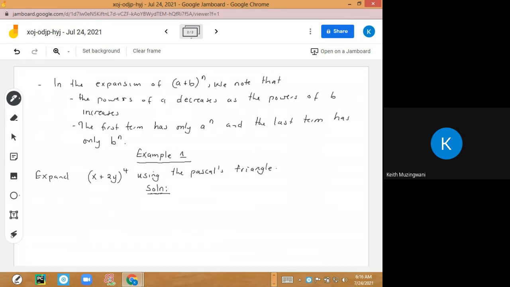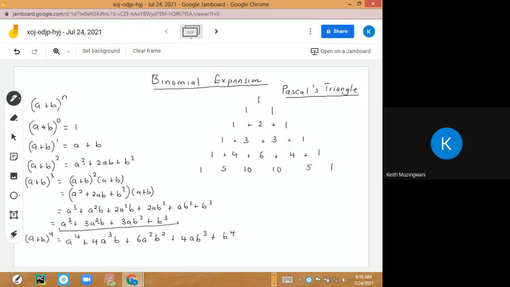So you say expand x plus 2y power 4 using the Pascal's triangle. If you have a triangle somewhere already, you just come here and say, okay, I want to get power 4. So our interest is just power 4 in this whole thing.